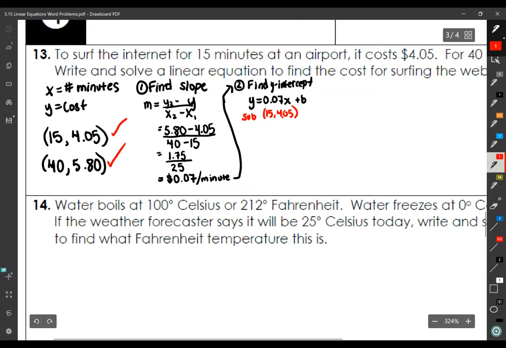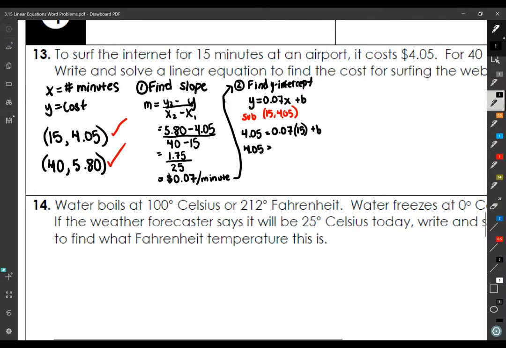Okay, so y is 4.05 equals 0.07 times x, which is 15. Okay, so now what is 7 cents times 15? That gives us 1.05. And that's going to give us b equal to 3. Okay.